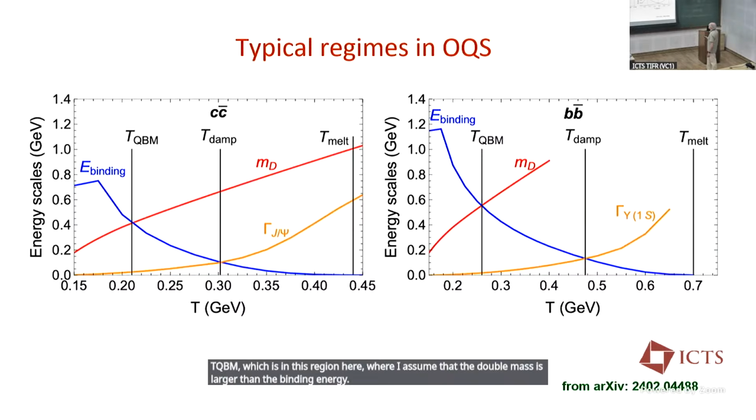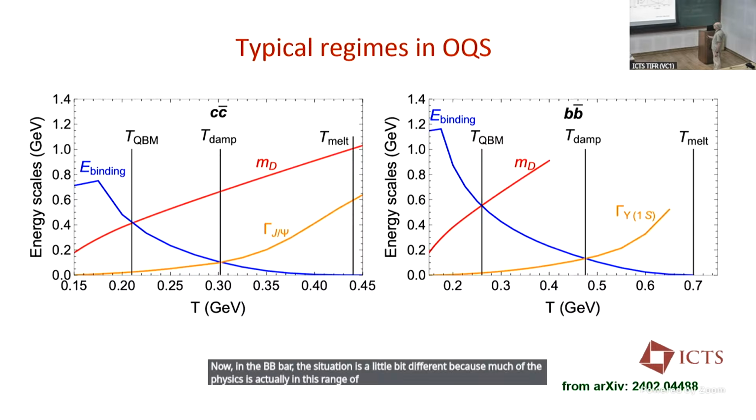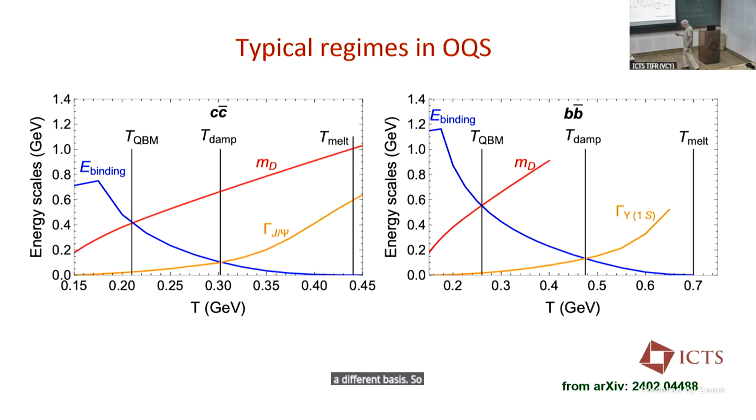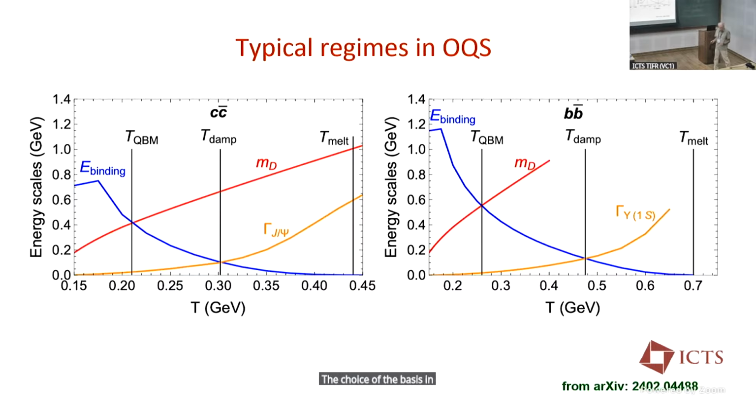For the BB bar, the situation is a little different because much of the physics is in this range of temperature for which the approximation I've been developing is no longer reliable, and we should choose a different basis. So let me stick to the CC bar. This was just to emphasize that there are different regimes of open quantum systems, and depending on the regime you are in, the choice of the basis in which you analyze the problem is different.